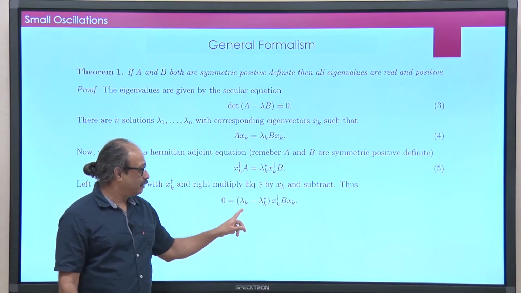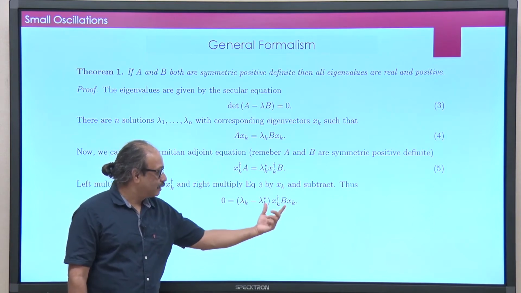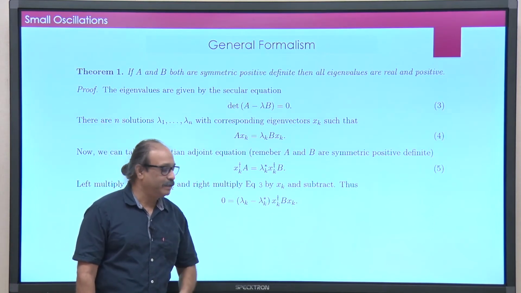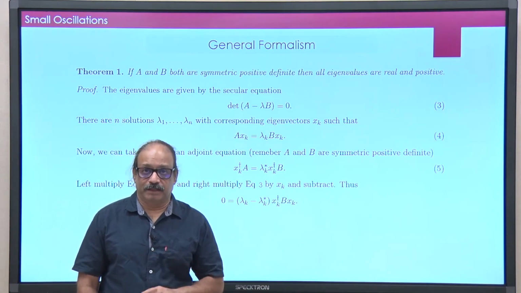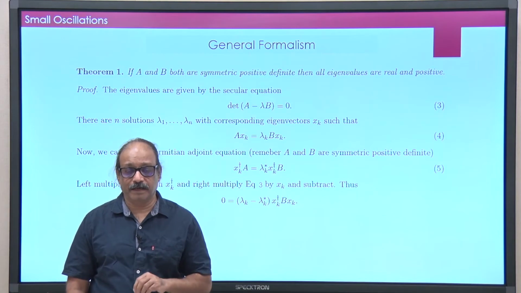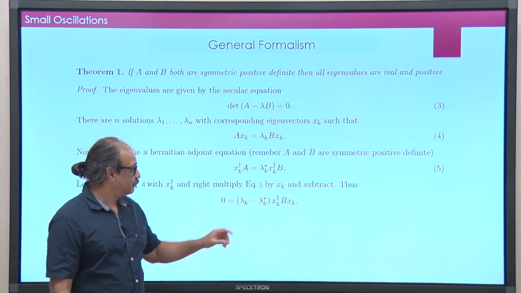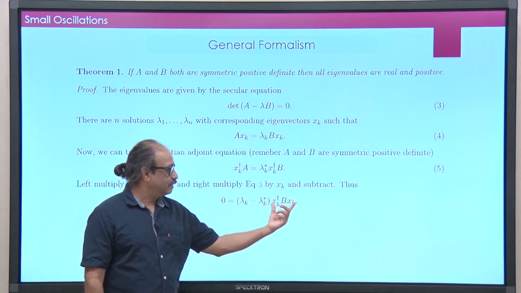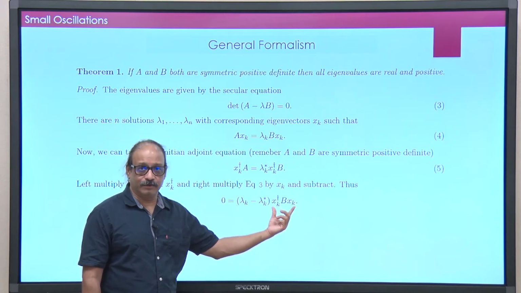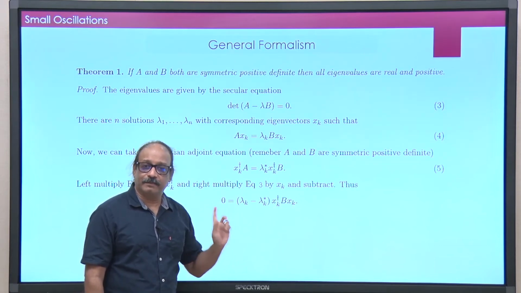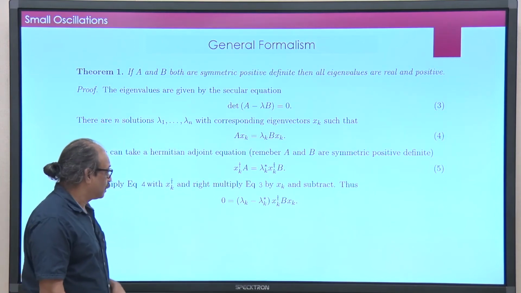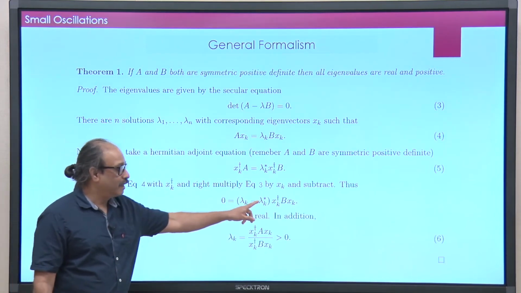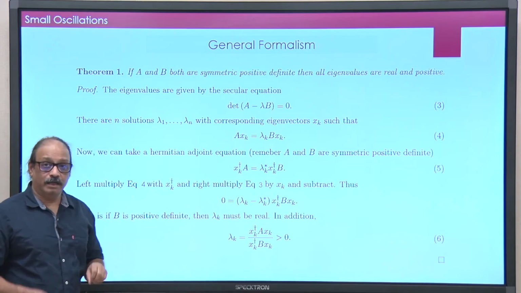So, 0 is equal to lambda k minus lambda k star, and then you have x k dagger B x k, and this is where the positive definiteness of B comes in. If B is positive definite, then this quantity is non-zero, that means lambda k minus lambda k star must be 0, and that means the lambda k's must be real numbers. Okay. Each of these lambda k.